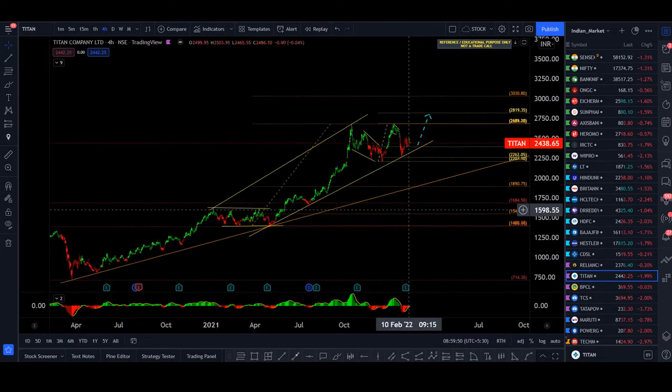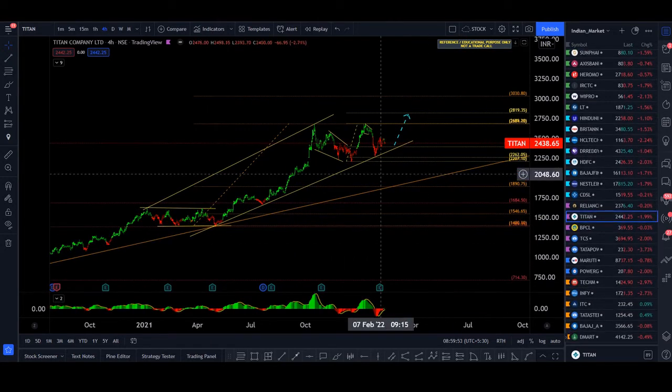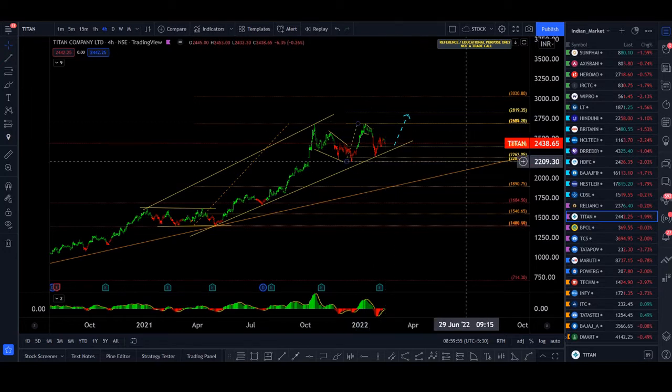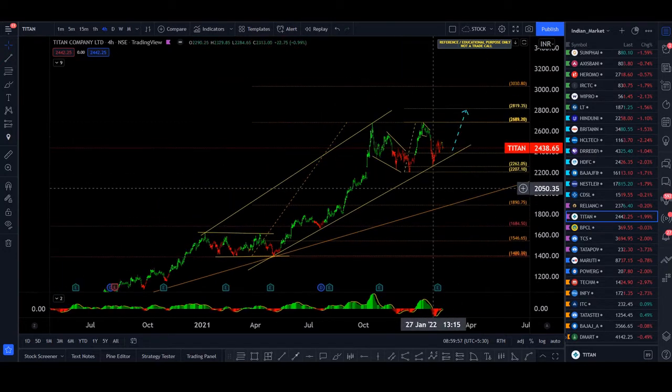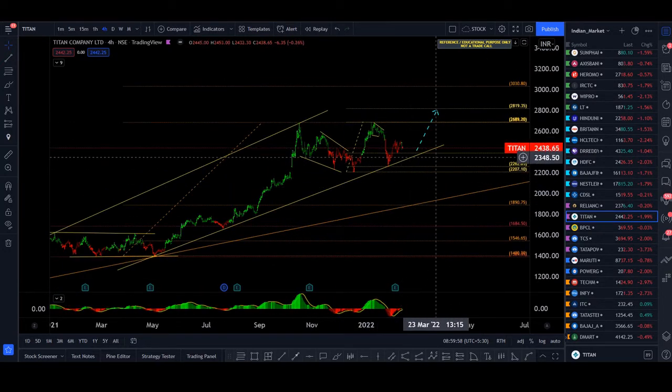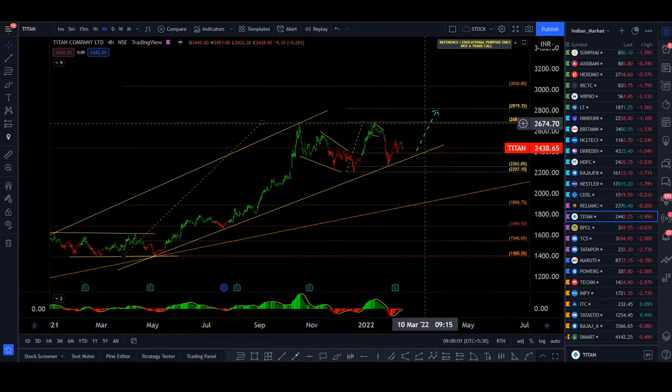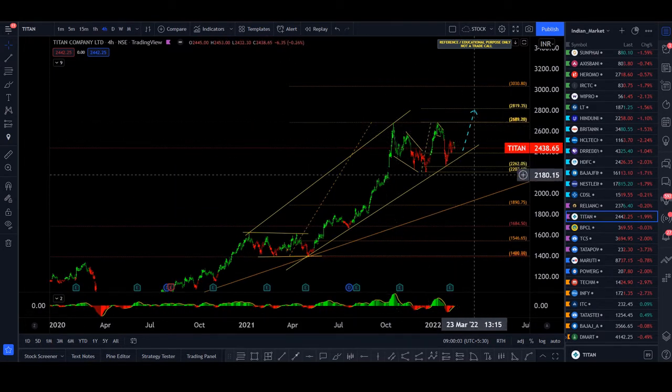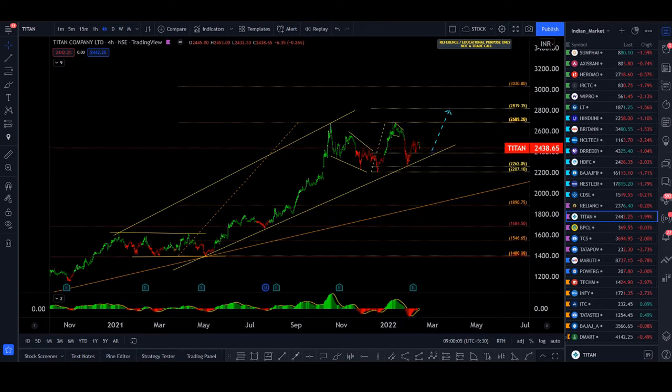Coming to Titan. So Titan is actually in a sideways move right now, and again, this pattern is not yet fully complete, but is it okay to trade?